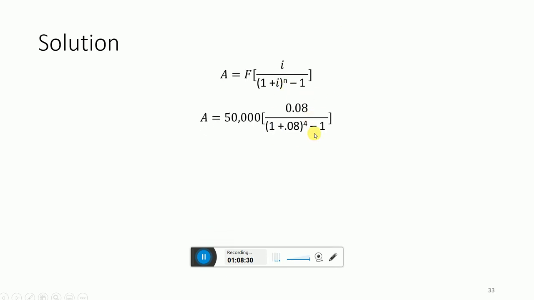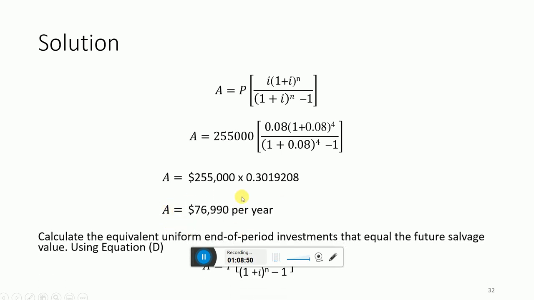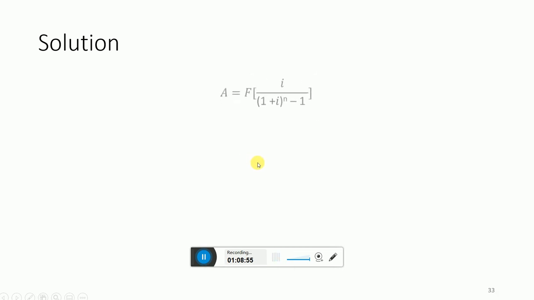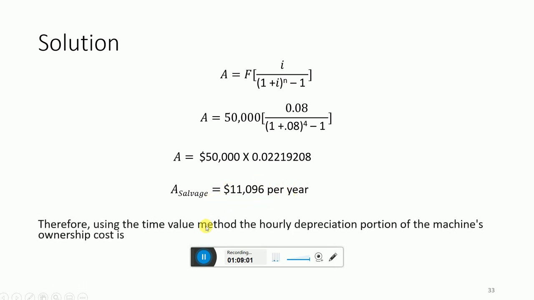We just have to put all the values in this and simplify it, which comes out to be 0.022 multiplied with the 50,000. So the annual salvage value would be $11,096 per year. Here we have the annualized purchase, which would be negative because that's the cash outflow.